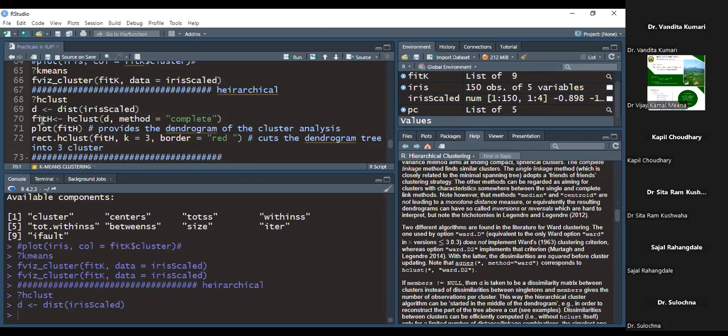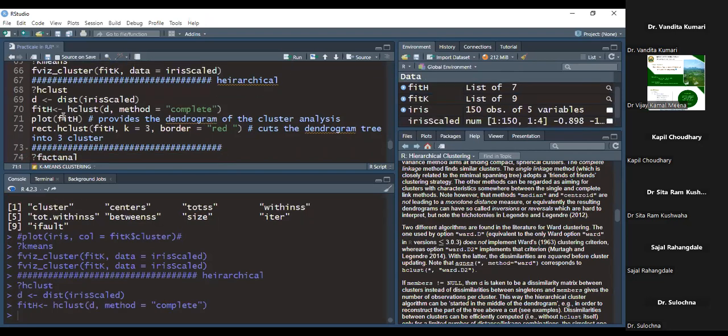Now we are going to fit the hierarchical cluster. The hierarchical cluster is performed using the function hclust, and the variable d, the distance, is taken, with method complete. There are many methods. Here we are going to perform cluster analysis using complete linkage. This hierarchical cluster has been stored in fitH.